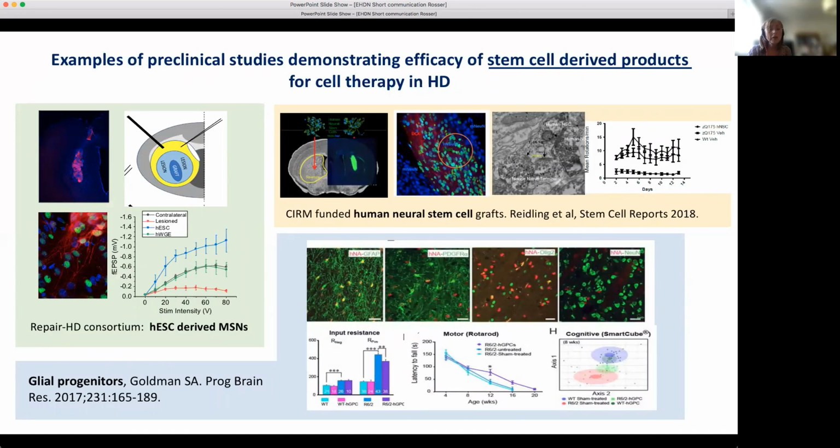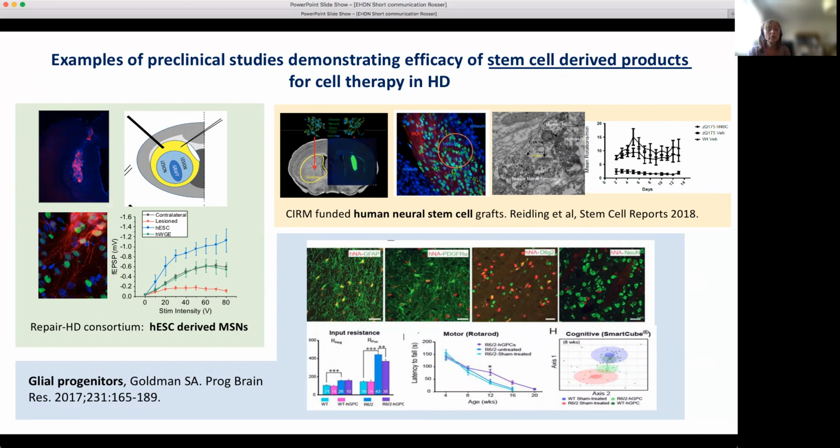Over the last couple of decades, there's been considerable effort from multiple groups worldwide to generate donor cells from pluripotent stem cell sources. I don't have time to review the science of this today, so I've highlighted work from members of the SC4HD steering group, which represents programs of work focused on delivering human ES cell-derived medium spiny neurons, human neural stem cell grafts, and grafts of glial progenitors.